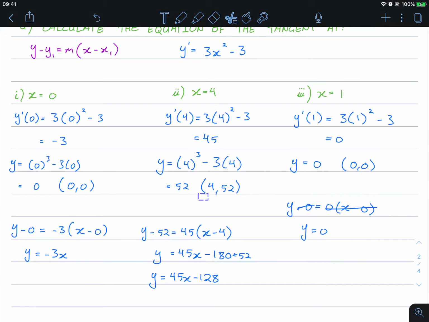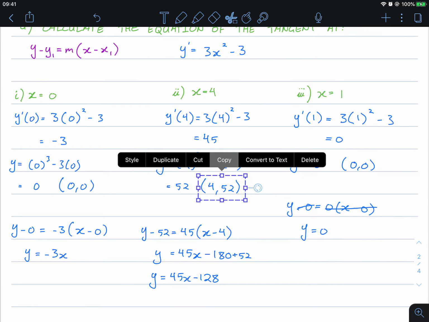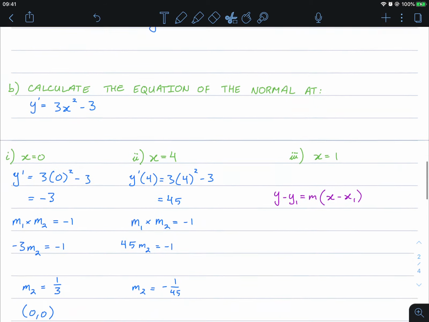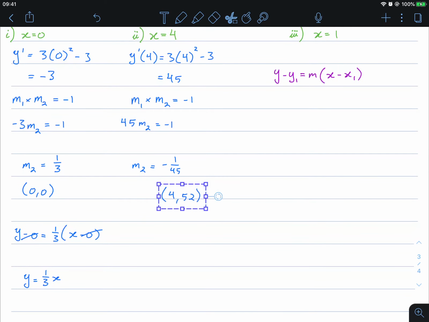We also already have the coordinates of the tangent. So let's utilize this. And now we can just use the point gradient formula. This becomes y minus 52 equals -1 on 45 times x minus x1.